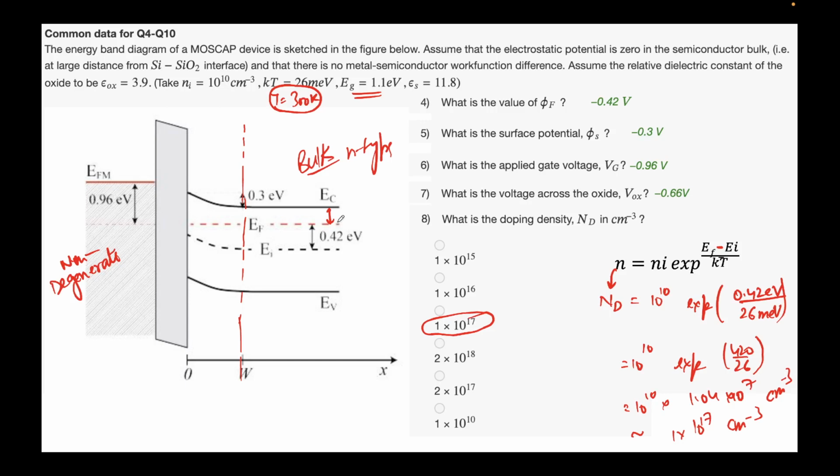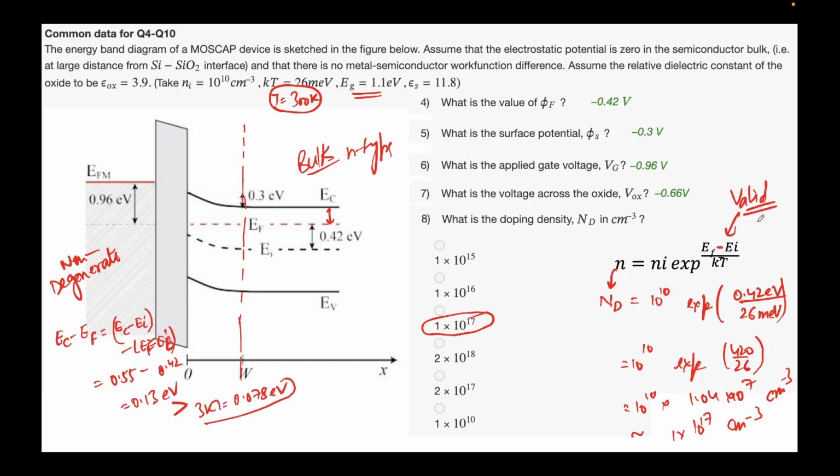And 3 kT will be 0.078 eV because 3 times 26 meV. So you can see that 0.13 is greater than 0.078 eV. So we are fine. Sorry, this is a non-degenerate semiconductor, so this expression is valid. Another thing is that 10 to the power 17 is fine.